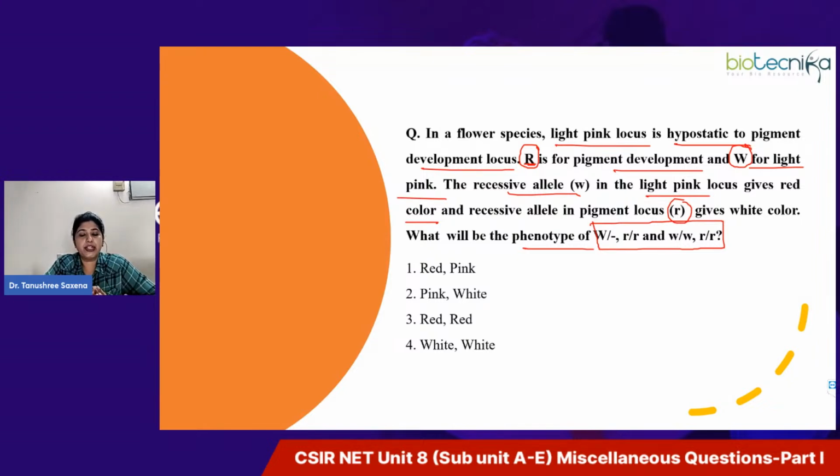So read the question carefully. It is based on epistasis, epistatic gene, hypostatic gene. You need to know that here, and accordingly, you need to answer this question. So recall what epistasis is here and then solve the question.